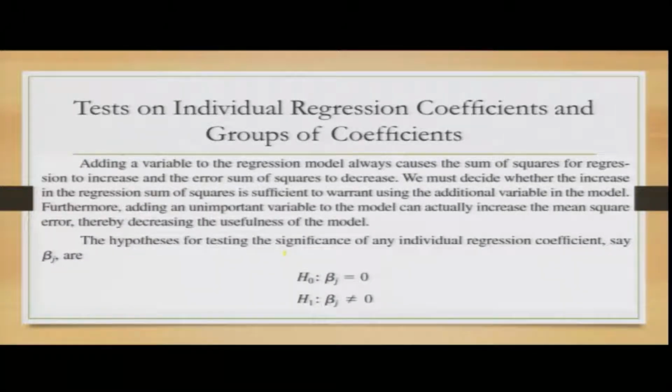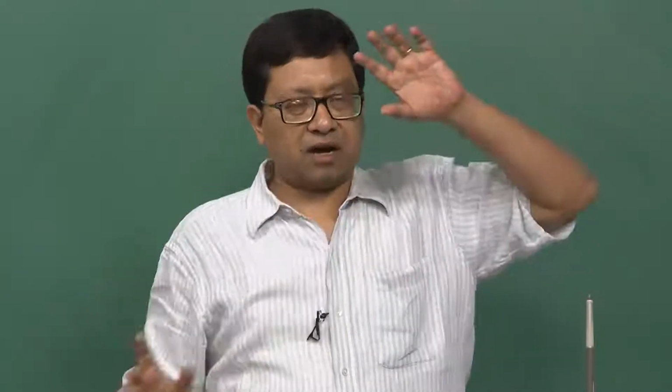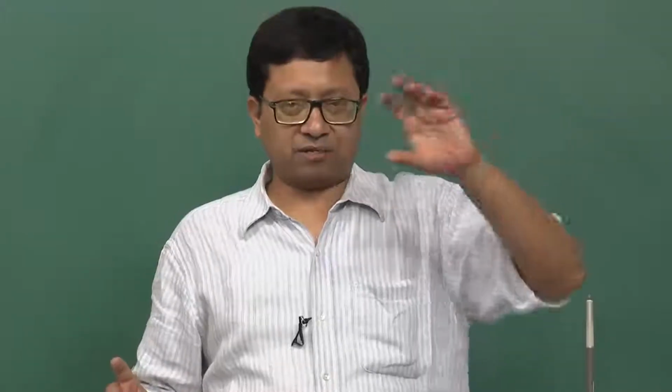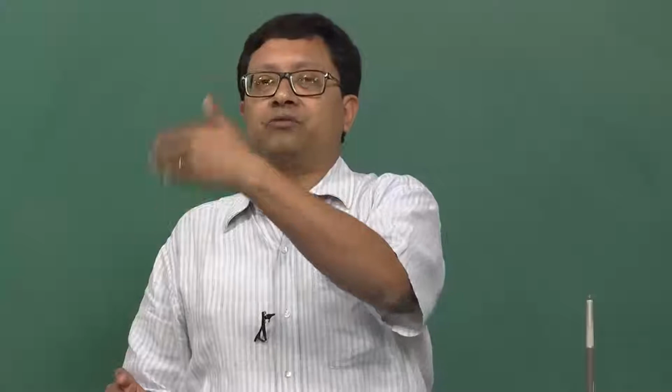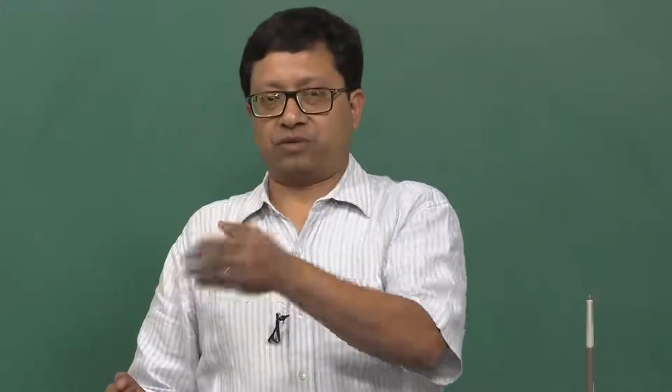So, now we will start off the tests on individual regression coefficients and groups of coefficients. Adding a variable to the regression model always causes the regression sum of squares to increase and the error sum of squares to decrease. Obviously, as x's increase, we want R square to give us the maximum output, but the question remains to what level we are able to predict the nth plus 1, nth plus 2 data point.